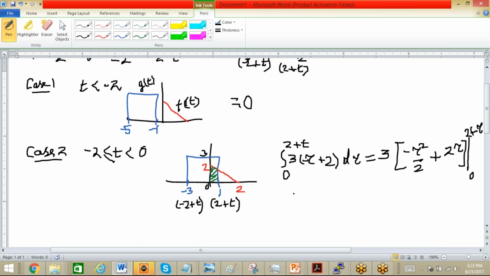So what will be the outcome? We have to replace this tau with 2 plus tau.